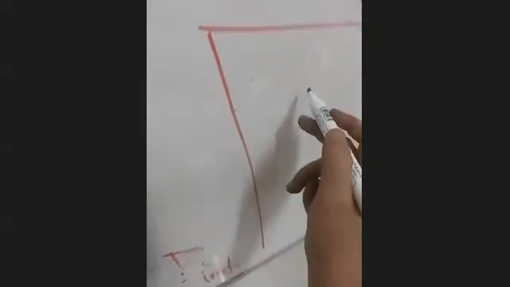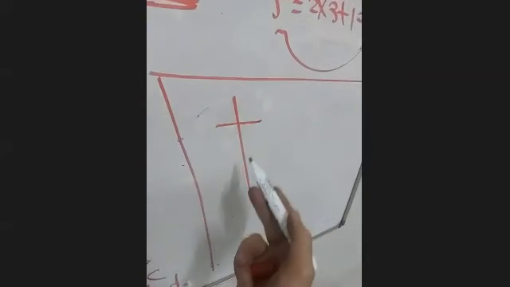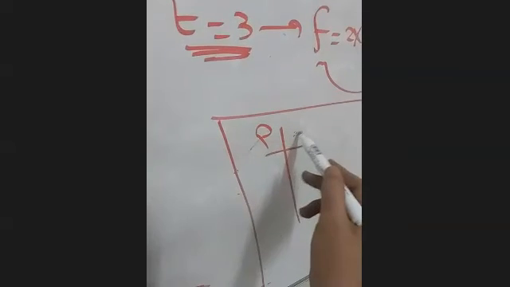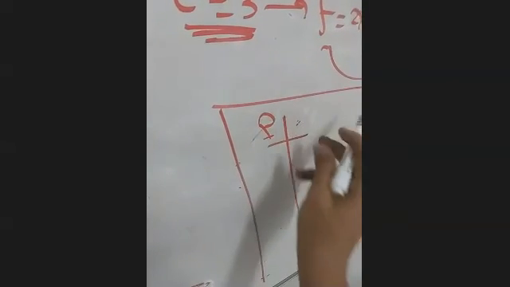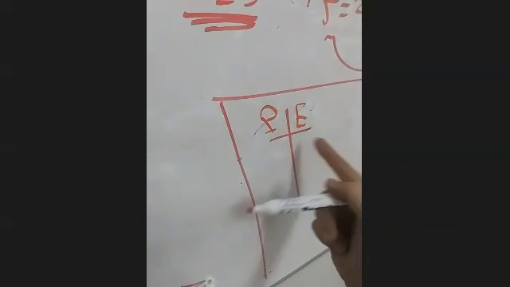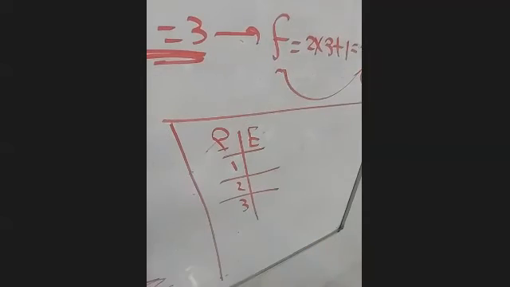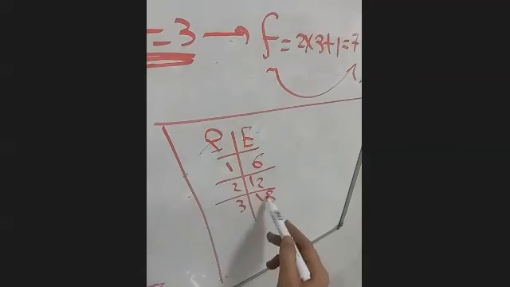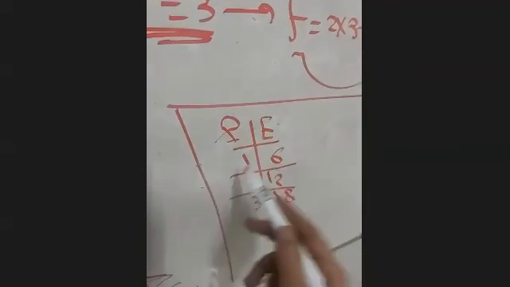Nidal, in question 3, what are the points? Here is P and there is E. And 1, 2, 3 in the P. And here, 6, 12, 18. How does the 1 become 6?